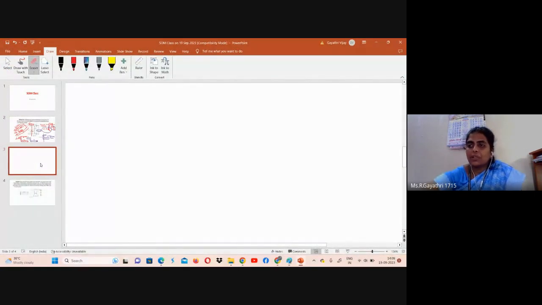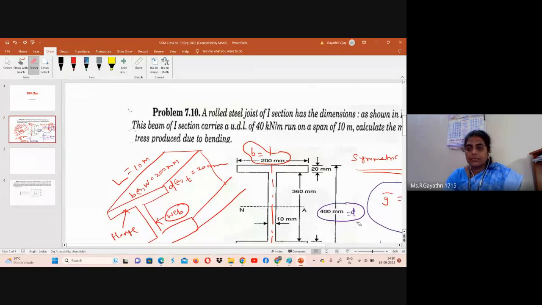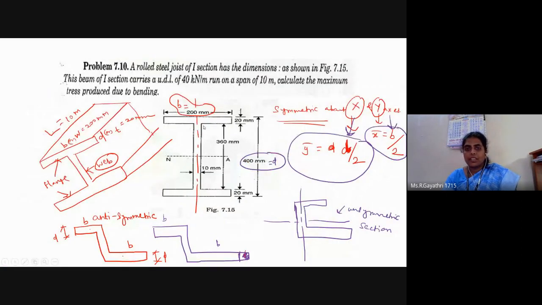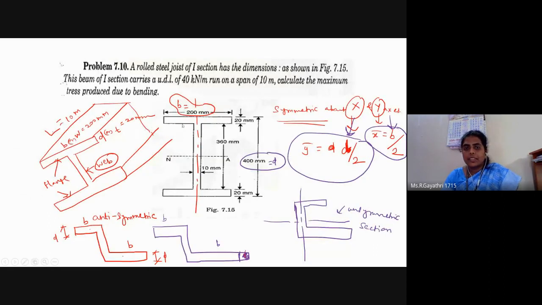Okay, we can solve this problem now. This is an I section. Flange depth 20 mm, width 200 mm.